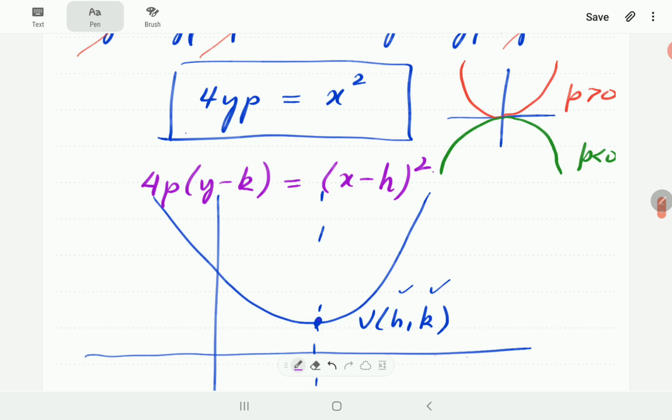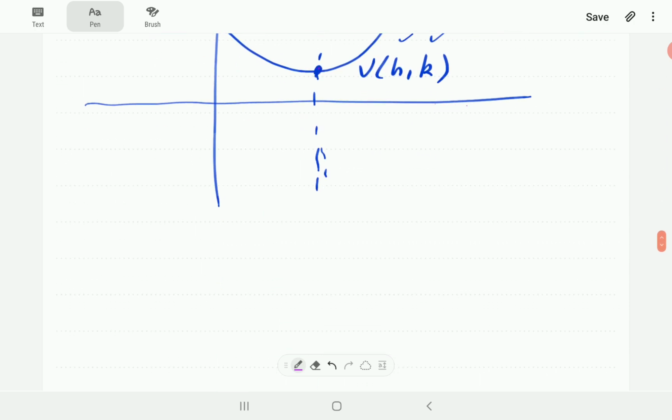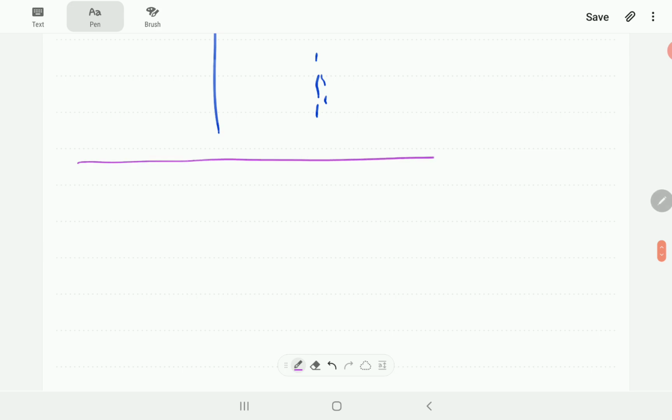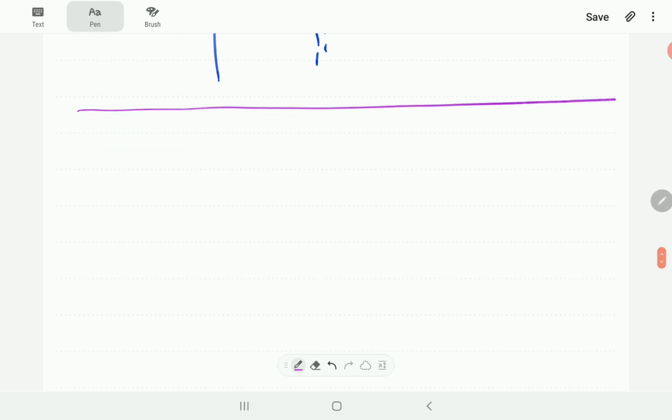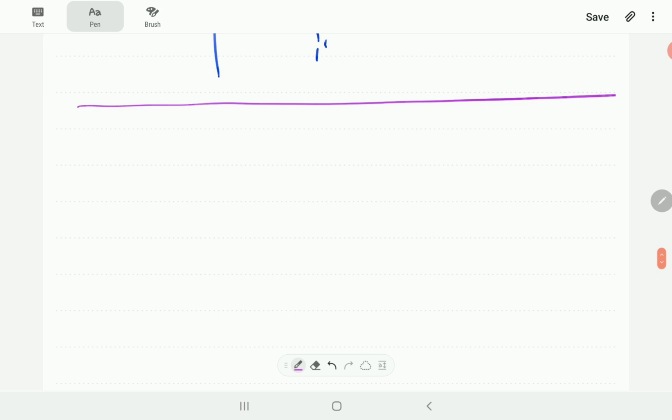The vertex is at (h, k) and the axis is vertical. The other case we're going to look at is where the parabola has a horizontal axis.